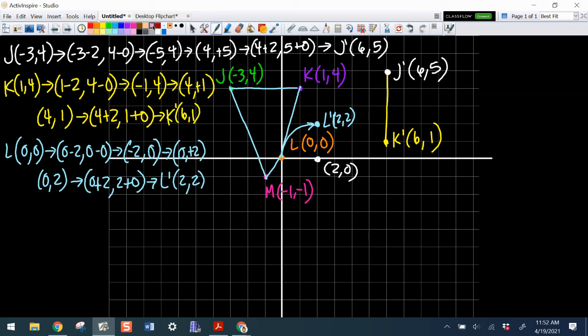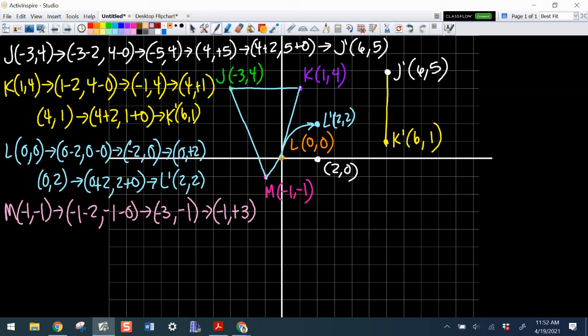Last and certainly not least, M, which is located at (-1, -1). We're going to subtract 2 from our x and subtract 0 from our y, so that we're at (-3, -1). Then use the function, so we're going to swap x and y, and then change the second sign, so it'll be at (-1, 3).